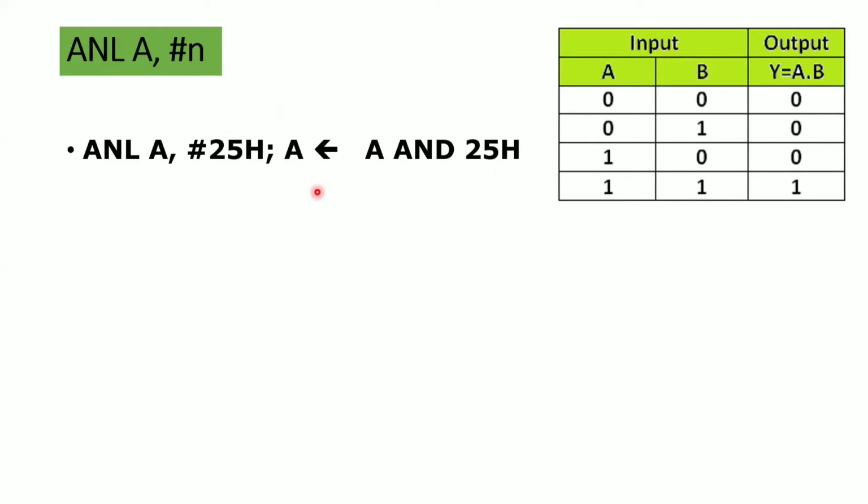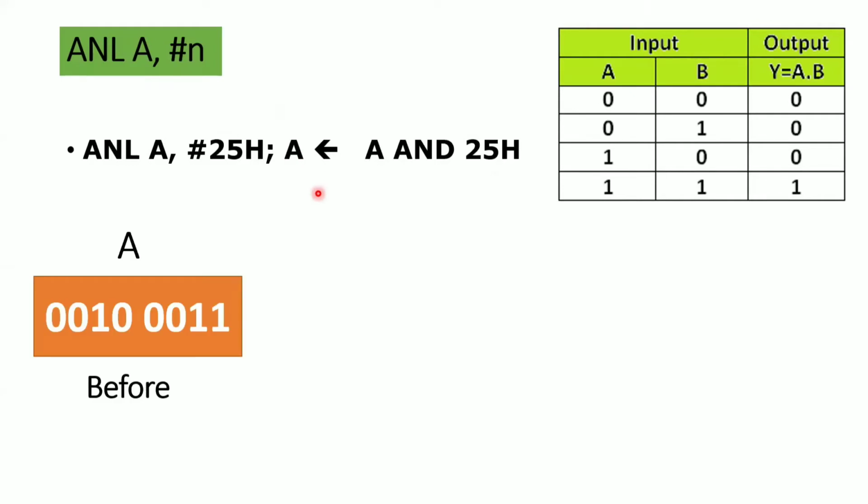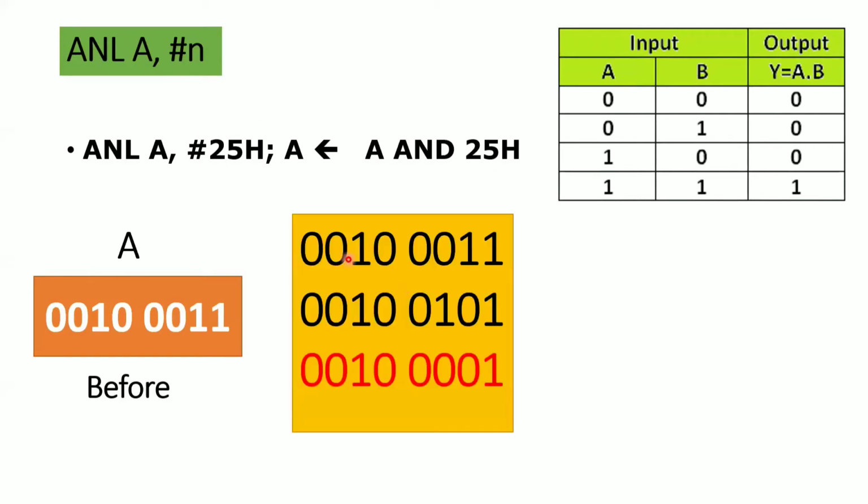That is the accumulator. Now see here, the A register has the value 0010 0011 before the AND operation. Now you perform the AND operation with the value 25. What result will I get? 0010 0011 is your A, and 25 will be converted into 2 and 5.